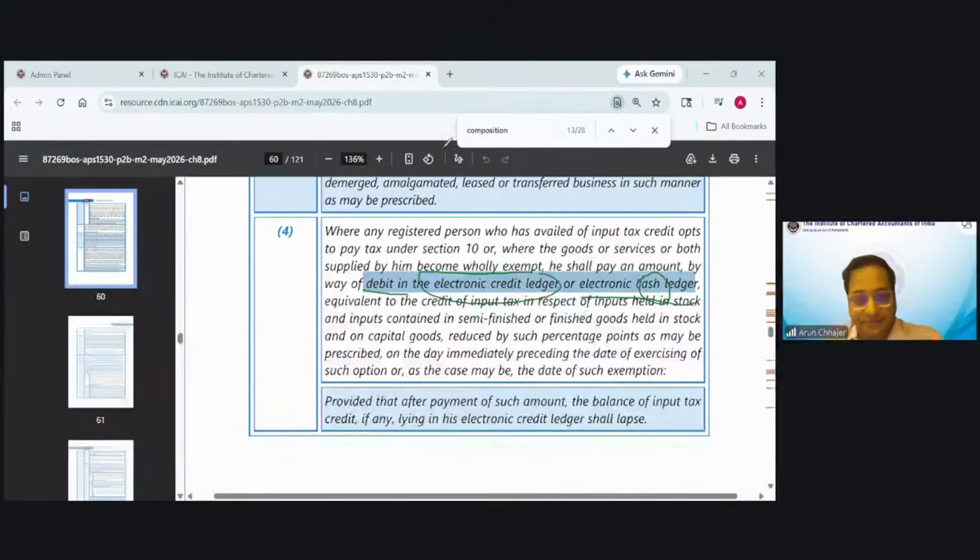Is that clear? Okay. The third portion I have calculated on this part. After the payment of such amount, the balance of the input credit, if lying in the credit ledger, shall lapse.